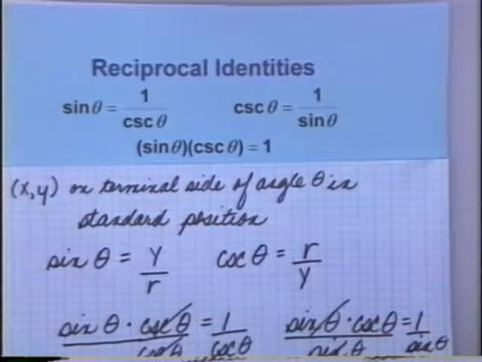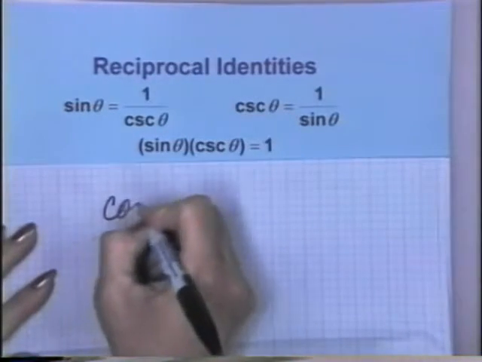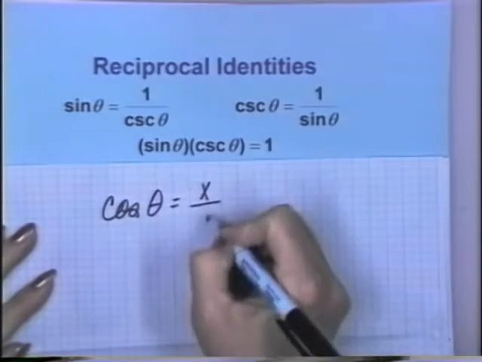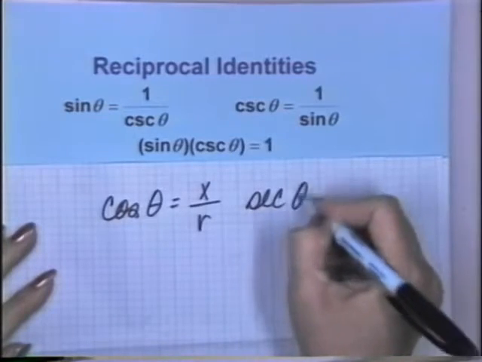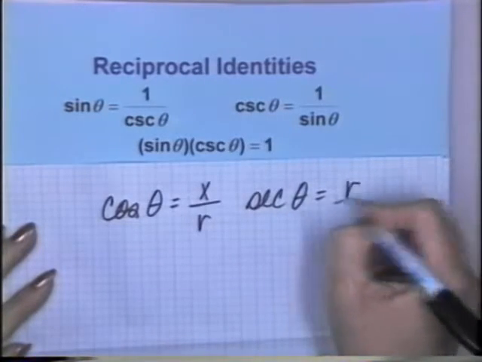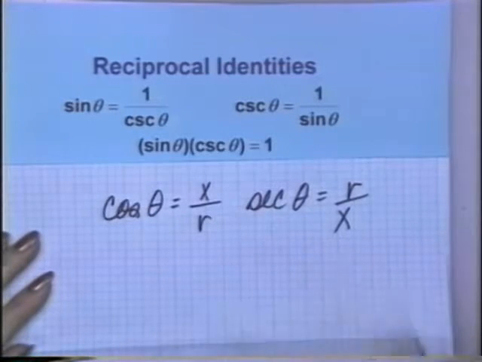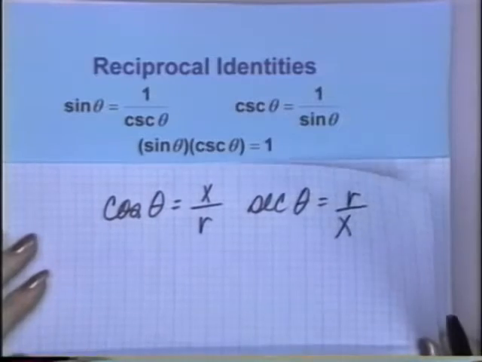Now this time, we won't go through this whole process, but let's remember that the cosine of theta equals x divided by r, and the secant of theta equals r divided by x. And since they are reciprocals, we know if we multiply them, we will get 1.